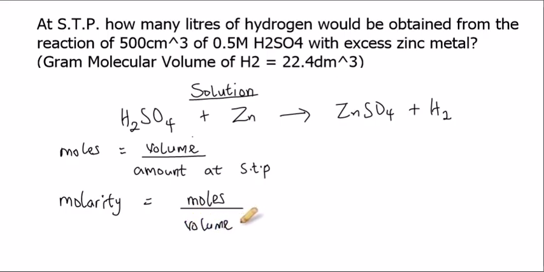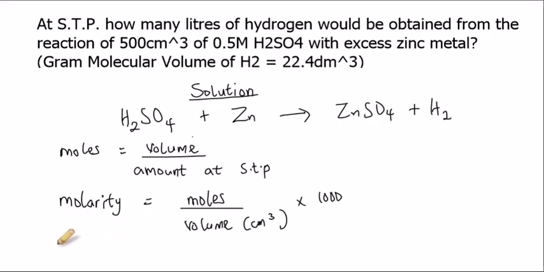And do not forget that if the volume is in dm³, that is 1 liter of the solution, we do not need to multiply as we'll be doing now. But here we are given cm³, so I have cm³ multiplied by 1000. This 1000 is gotten from the conversion of cm³ to dm³, so as not to be confused. And let's proceed.